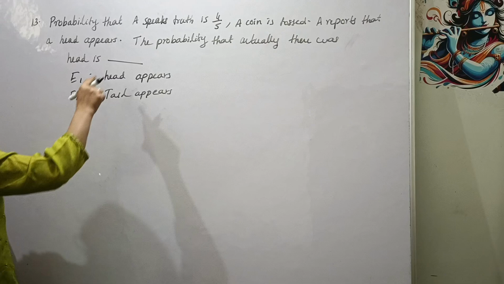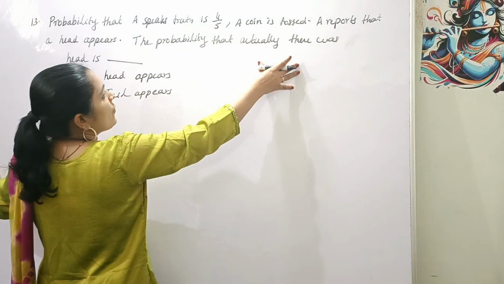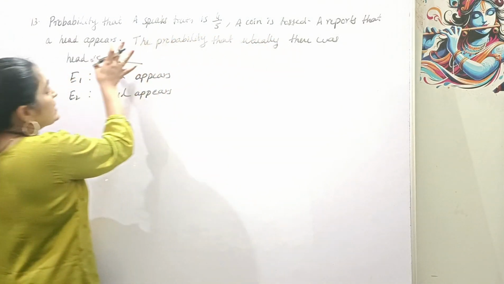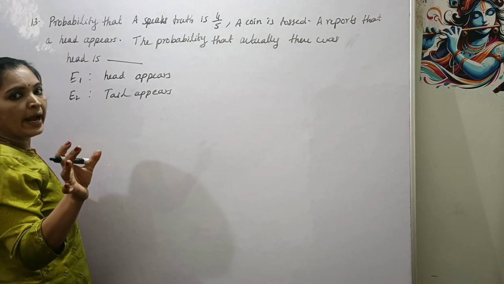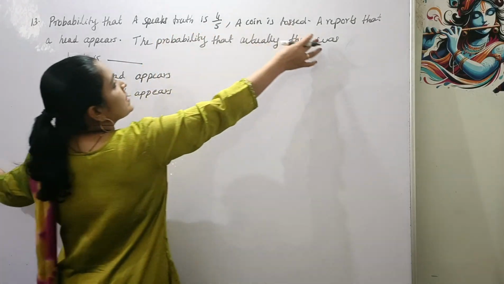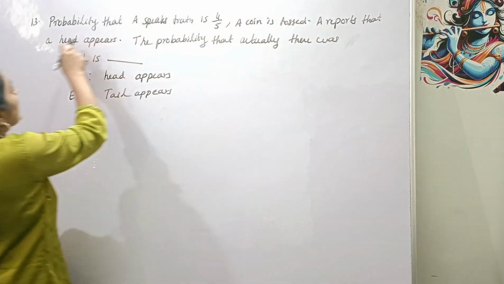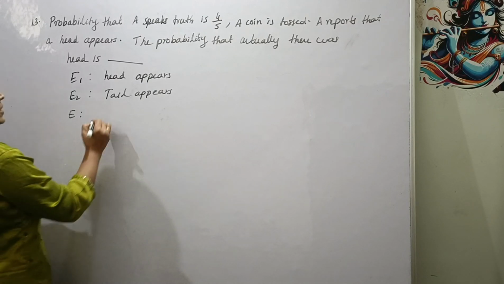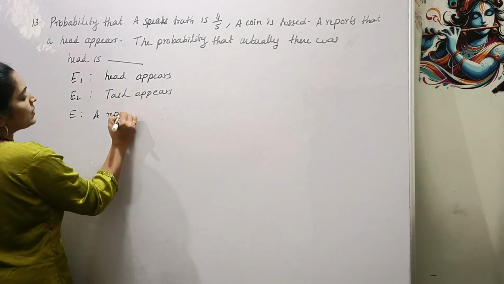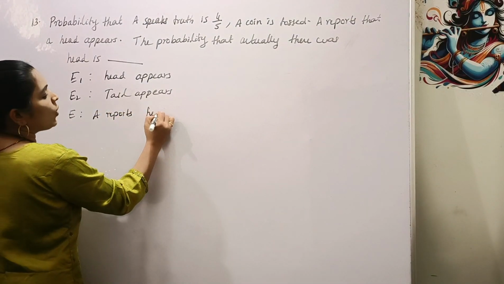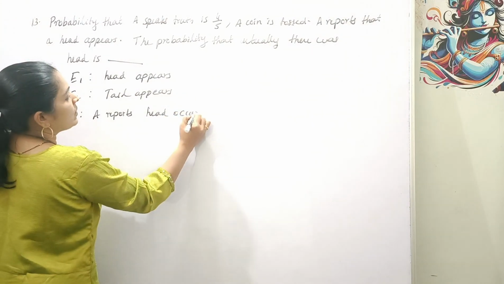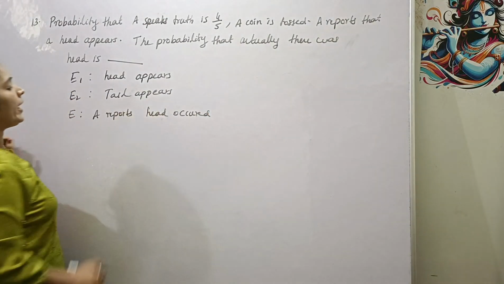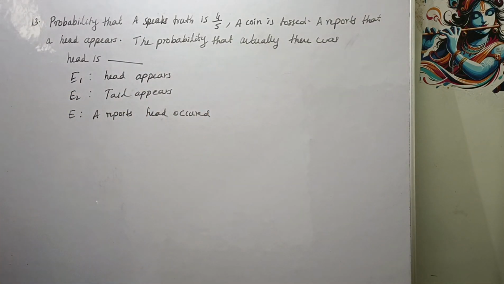And we have to find the probability of, actually there was a head, that is probability of getting head, given that, when we toss a coin, A reports that a head appears, okay, a head occurred. So here, let E be the event, A reports head occurred, okay, A reports that head occurred, okay.